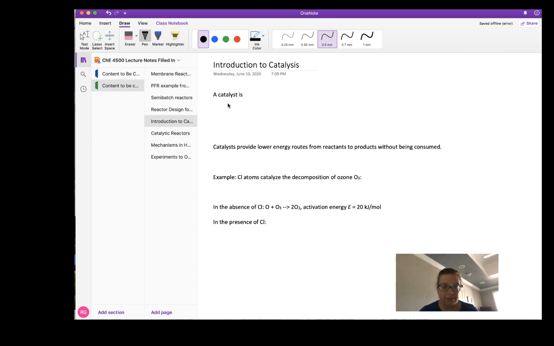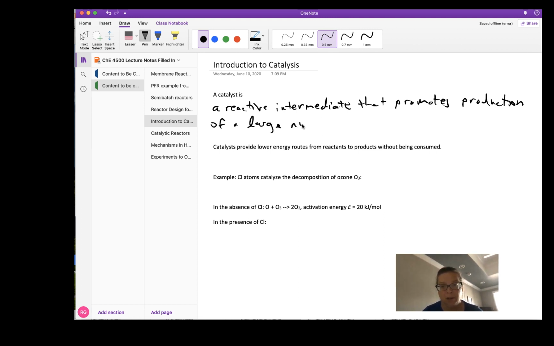So first, let's define catalyst. A catalyst is a reactive intermediate that promotes the production of a large number of product molecules.